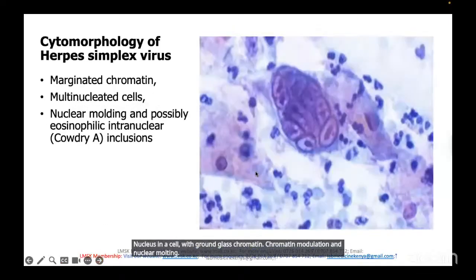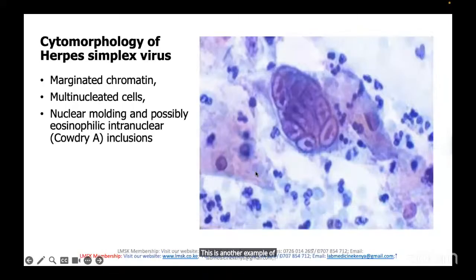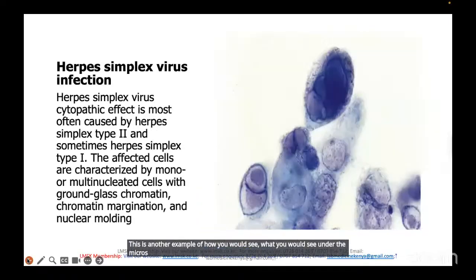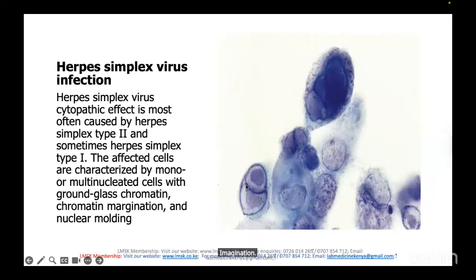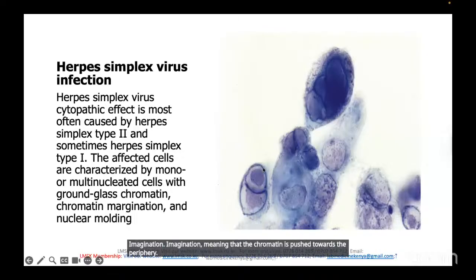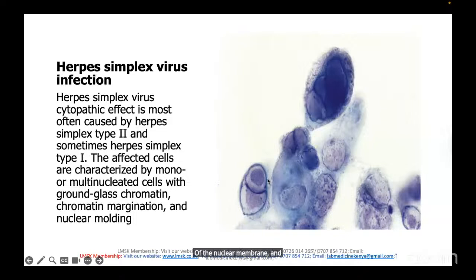This is another example of what you would see under the microscope. In example number one, we are having margination, meaning that the chromatin is pushed towards the periphery of the nuclear membrane, leaving some clearing around the nucleus.